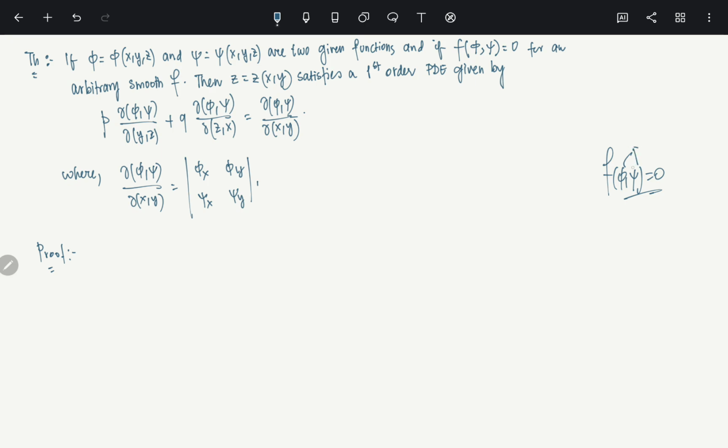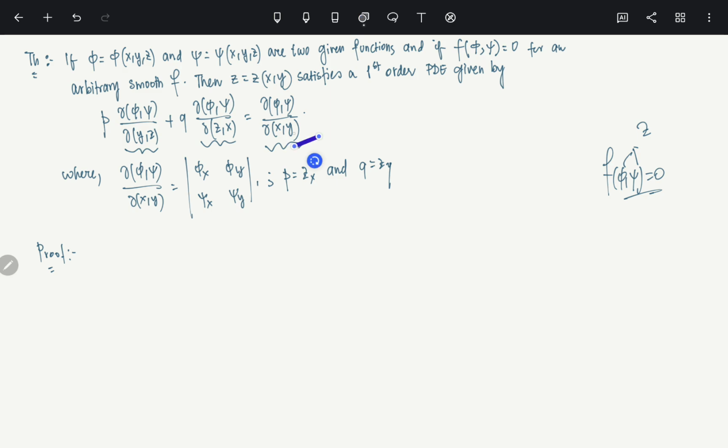If something like this happens, then z, which is a function of x and y, will satisfy this particular first order PDE. These are basically functions, and then P and Q will be your zx and zy, where P is zx and Q is zy. So you do realize this is a first order PDE.